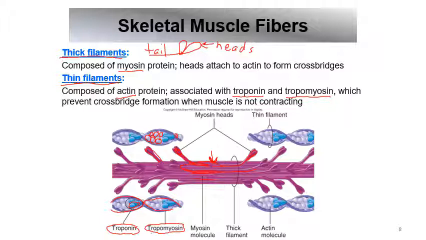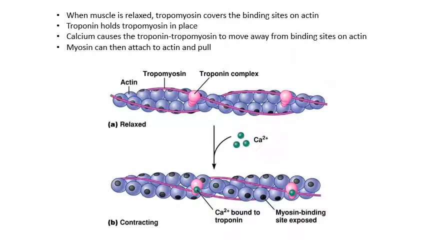Okay, so if you look over here on the next slide, here we're seeing the thin filaments up close. Now these blueberry shapes, each of these is an actin protein. And if you notice here, they have these dark spots on them. These dark spots are where myosin proteins are going to attach and then pull.